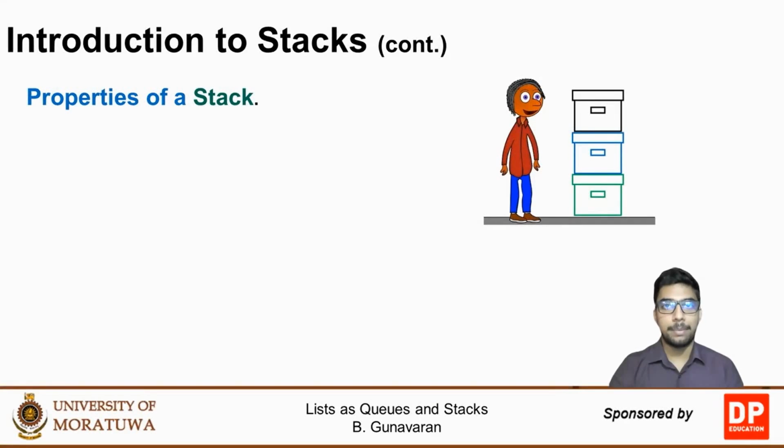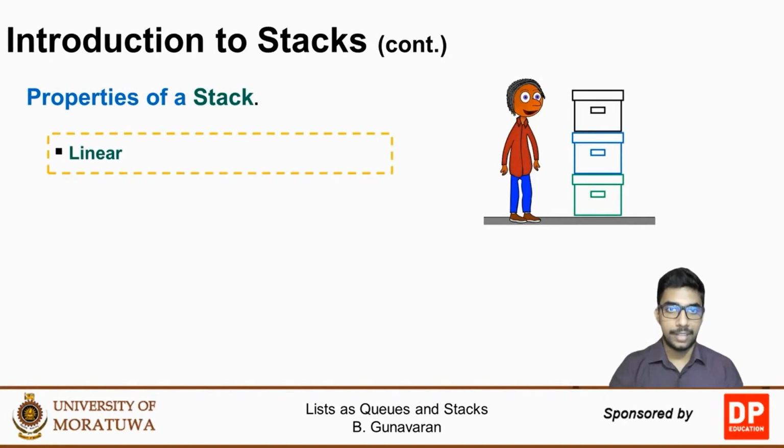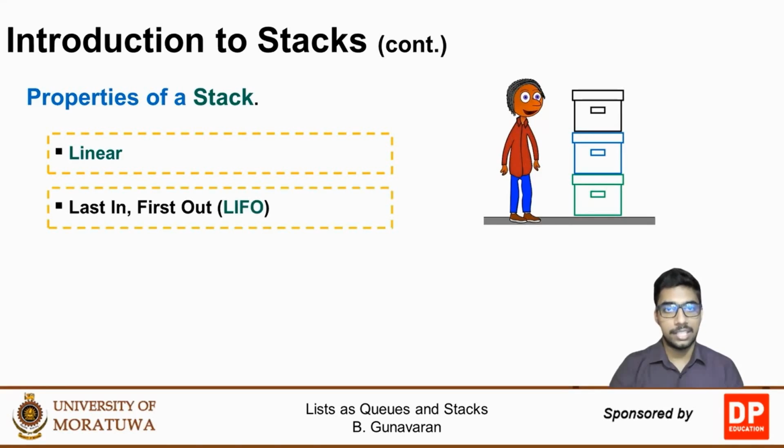Let us list down the properties of stack data structure from our box scenario. First, when you place boxes on top of each other, it creates a linear structure. There are no branches. Similarly, stacks are also linear structures. Second, the box you placed last is removed first. Last in, first out.